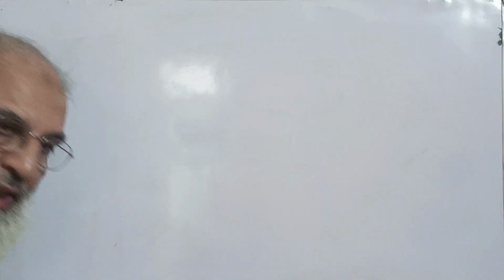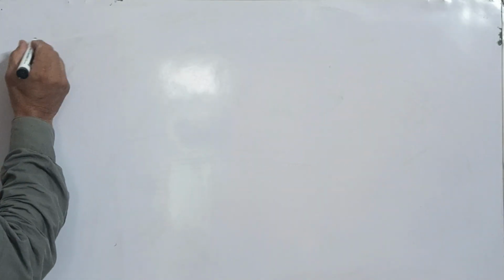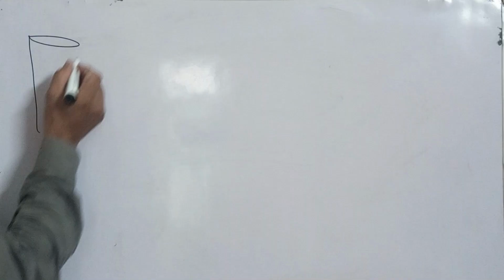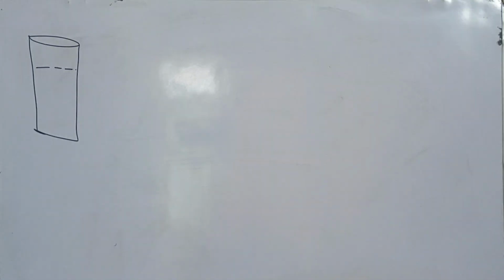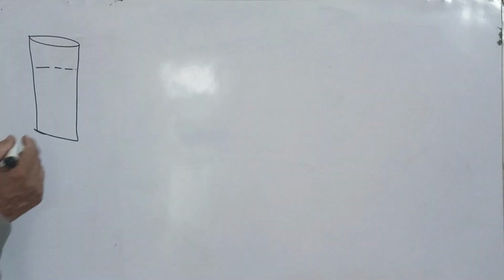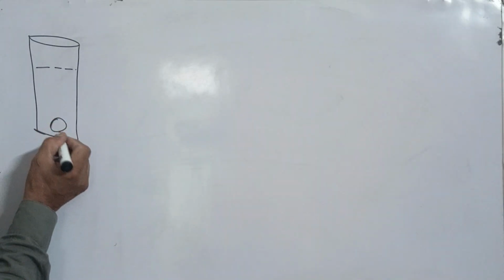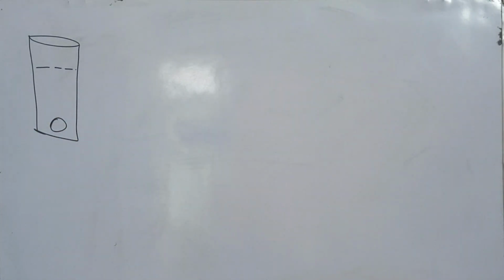My dear students, you are given a cylinder filled with water or whatsoever. There is a liquid in the cylinder up till here, and a steel ball, a metal ball, has been completely submerged in this water.